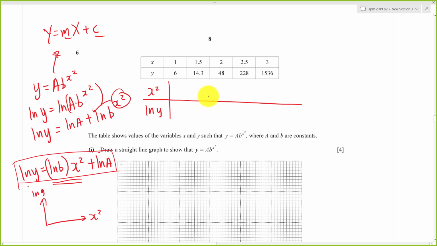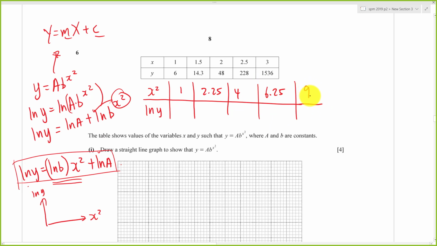We do the x squared first, seems easier. 1 squared is 1. And 1.5 squared is 2.25, isn't it? Yeah, 2.25. 2 squared will be 4. 2.5 squared will be 6.25, and 3 squared will be 9.